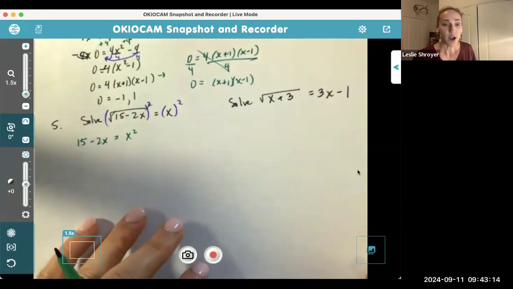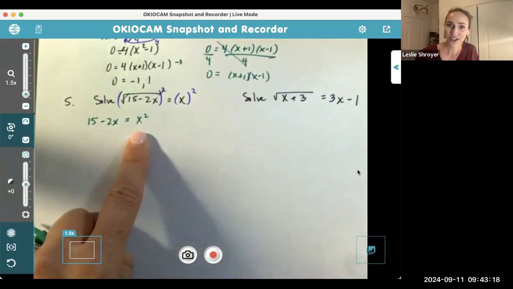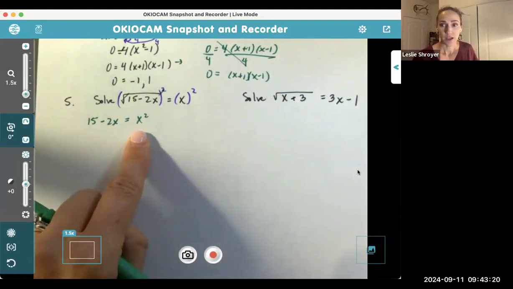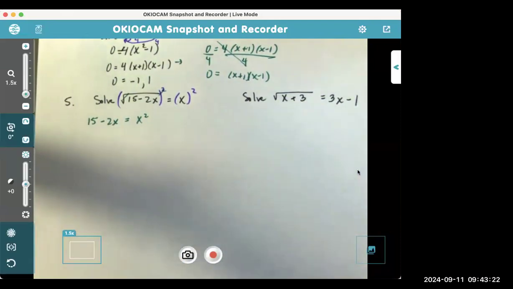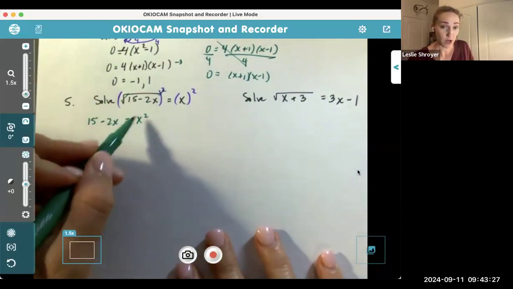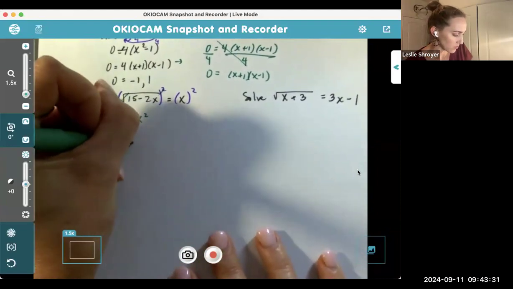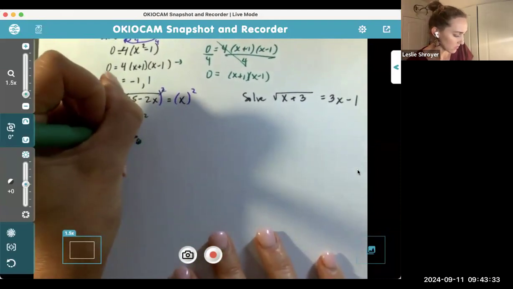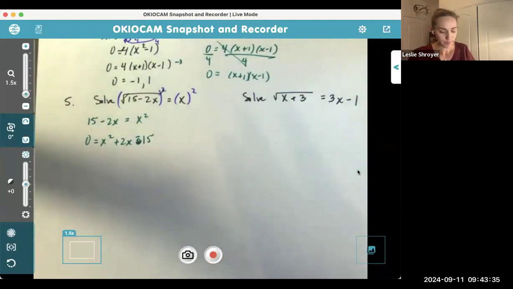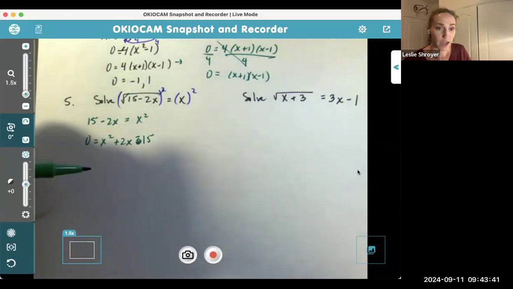Okay, so here, this is a quadratic. What do we love? A quadratic equal to 0. So I'm going to move everything to the right again because I like my x squared term to be positive. So 0 equals x squared plus 2x minus 15.